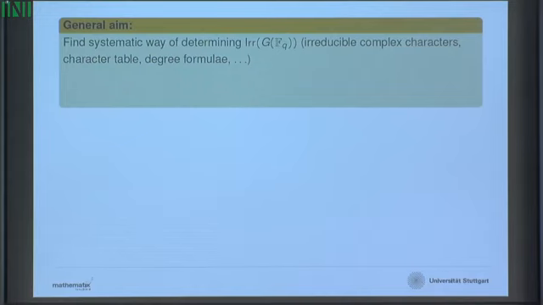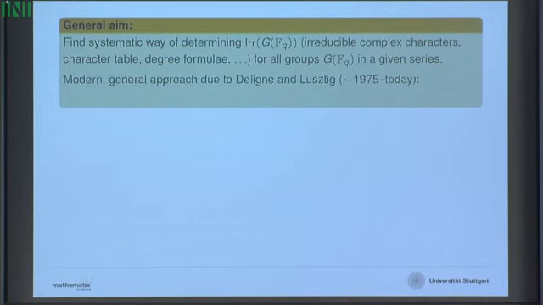You might want the whole character table, you might just want character degrees, values on certain elements, and so on. Of course, the ideal would be to find a uniform way to write down the character table, but this seems to be the most challenging and out of reach at the moment. And we want to do this, of course, in a uniform way for all groups in such a series.